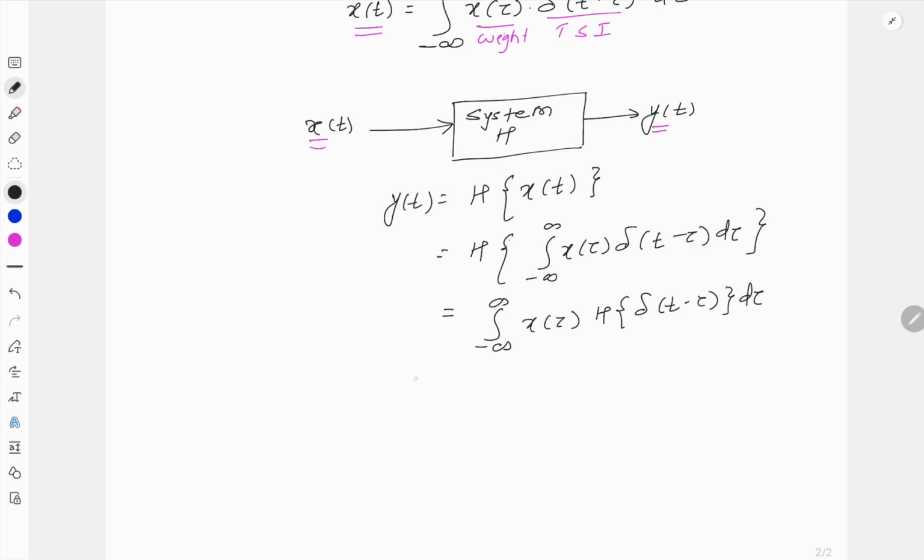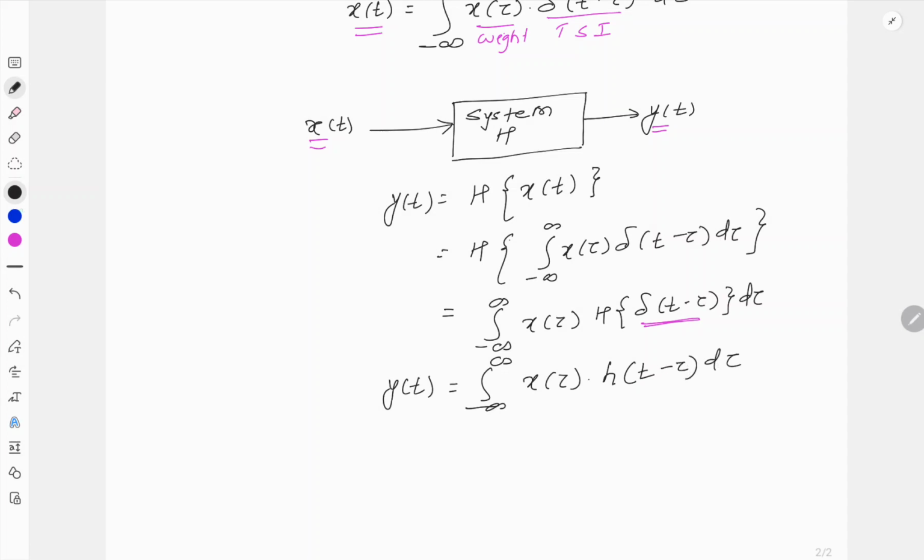Now as our given system is an LTI system, the response to delta of t minus tau is nothing but the shifted version of the impulse response. So for y of t, we get the final equation as the integration from minus infinity to plus infinity of x of tau into the output because of the impulse delta of t minus tau, which will be h of t minus tau d tau.